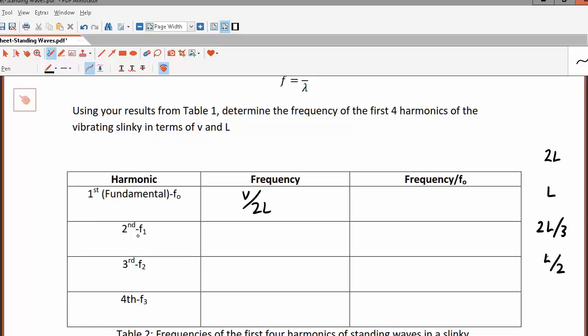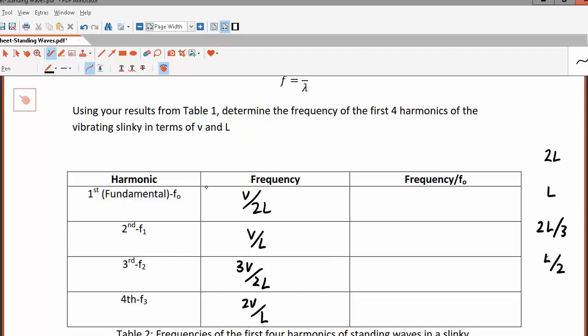For the first overtone, the frequency is v over L. For the second overtone, the frequency is 3v over 2L. I'm dividing v by this number, and for the last one, the frequency is 2v over L. What does this now tell us?